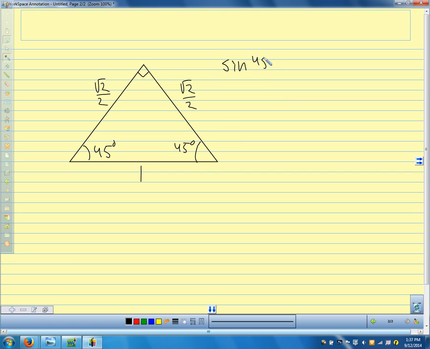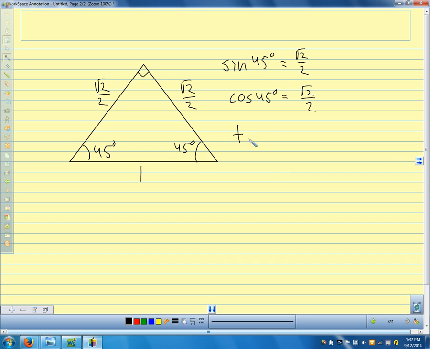So let's talk about our trig functions of 45 degrees. Sine of 45 is opposite over hypotenuse, square root of 2 over 2, just like we talked about on the unit circle. Our cosine of 45 degrees, adjacent over hypotenuse, also square root of 2 over 2.